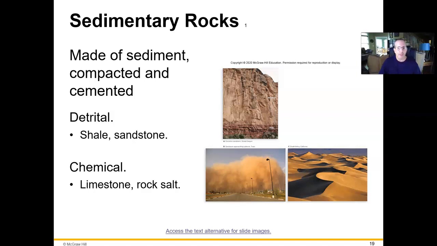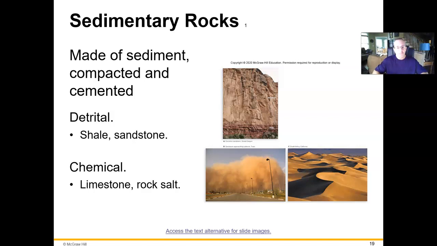So there's two types of sedimentary rocks: detrital and chemical. Detrital, think of that more as just kind of deposited layers. So you have something like sandstone. You have physically sand particles that have been transported to that location, probably by moving water at some point. It could be by wind, but typically moving water.